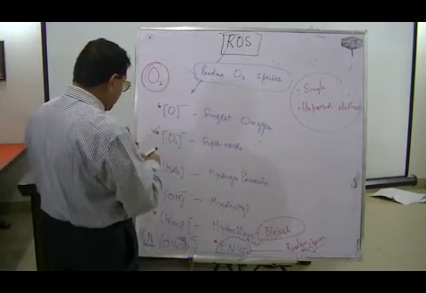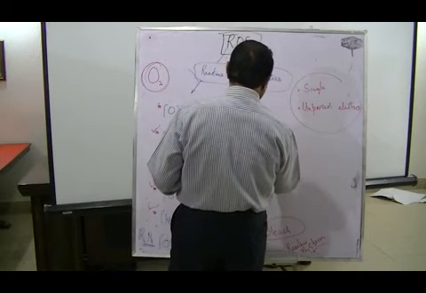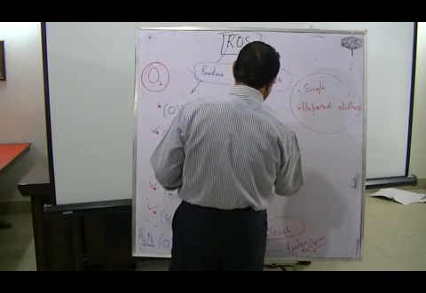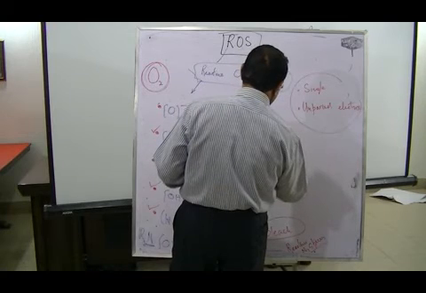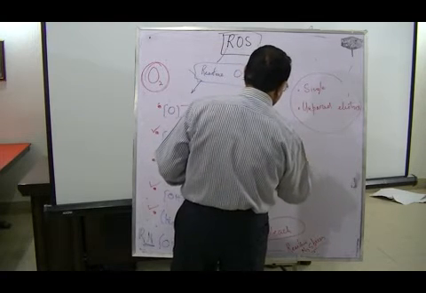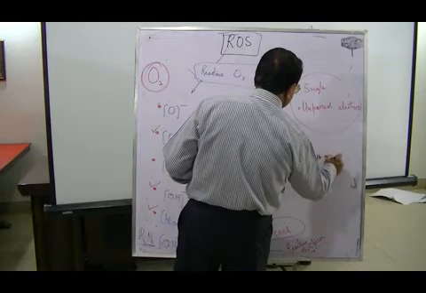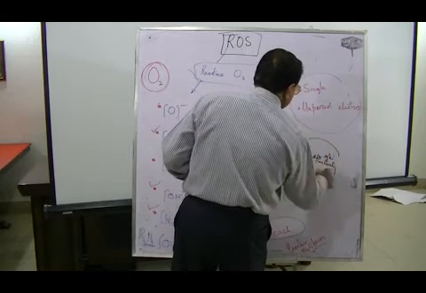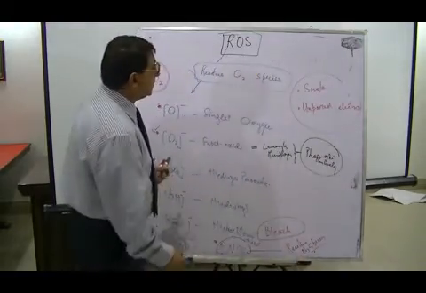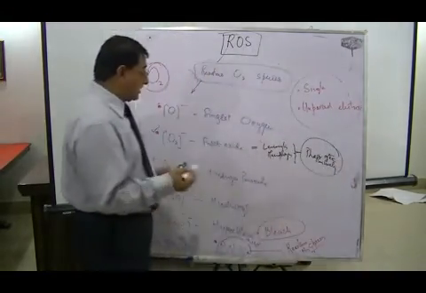Now, superoxide is produced in leukocytes and macrophages during phagocytic activity. During phagocytosis, the microorganisms are destroyed by them.